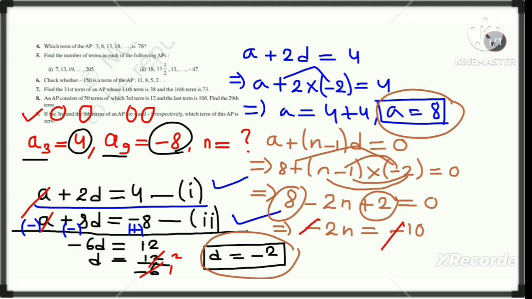Now n equal to 10 by 2. 2 fives are 10. Okay, in this way we have obtained n equal to 5. So the 5th term is our required term, which is equal to 0.